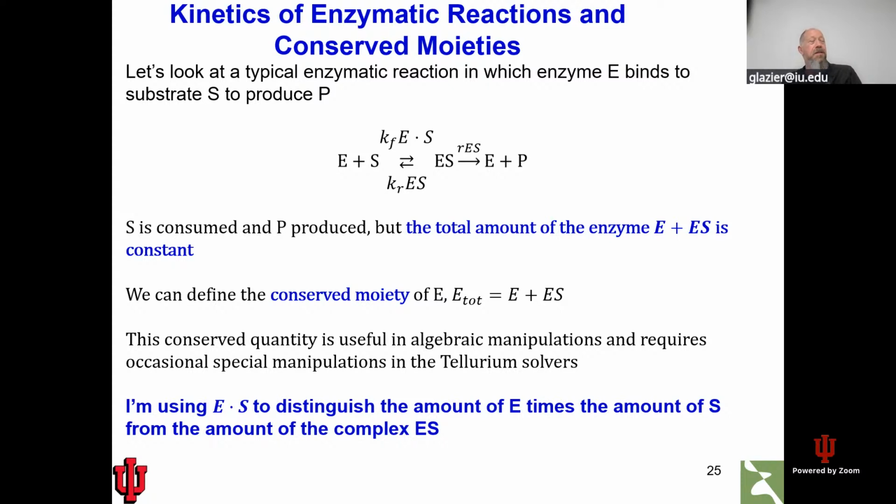And this is why I said at the very beginning, I will use E times S to denote the concentration of E times the concentration of S, and ES to denote the amount of the complex, the concentration of the complex.